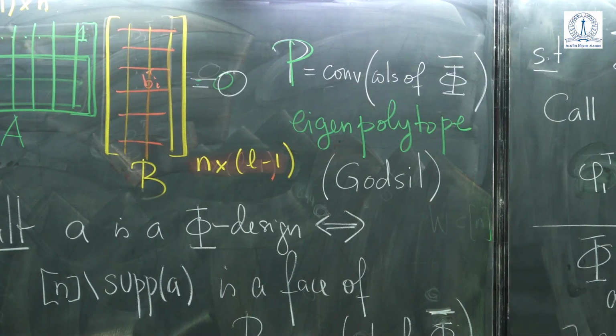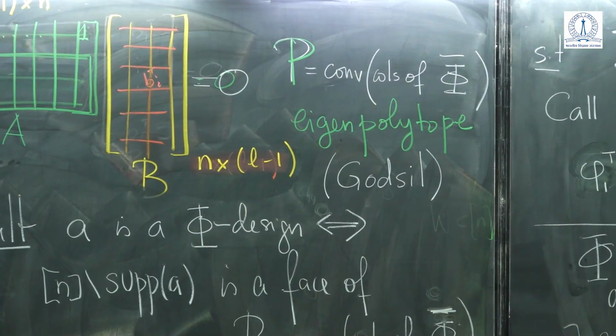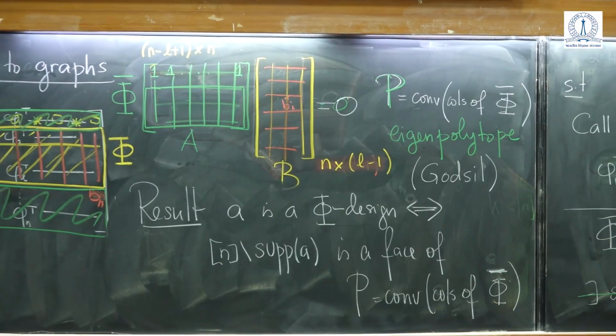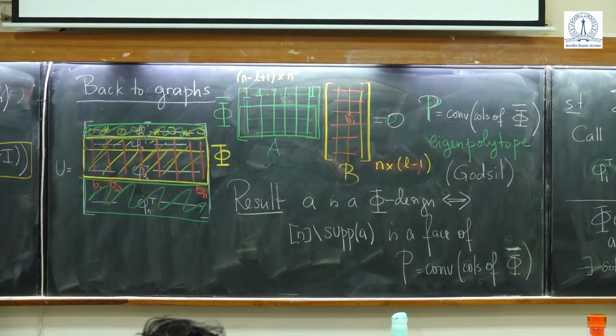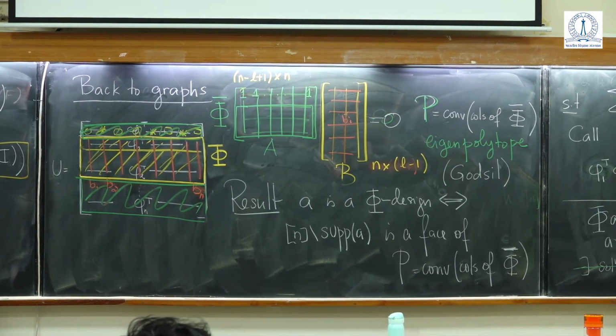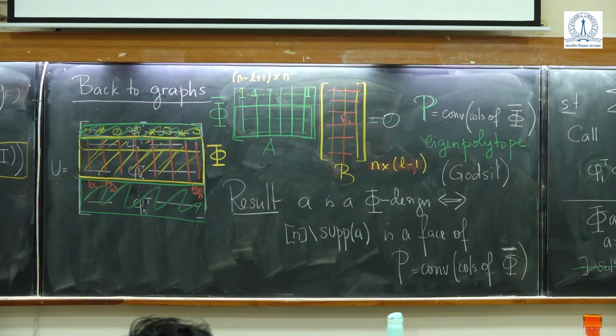Yeah? Okay, so what my student proved is that every polytope is affinely equivalent to an eigenpolytope. So eigenpolytopes are universal, they're not that special. Yeah. So in a way, you're right. The argument you gave is correct, but it requires some transformations.